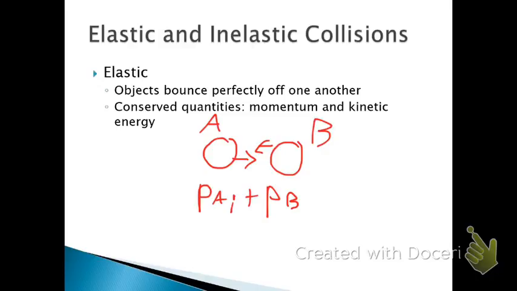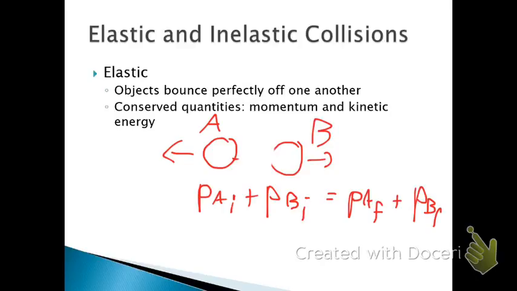And I'll put a little i here to indicate initial, before the collision. After they collide, A and B will probably bounce off in different directions. And I can find the momentum of each one individually, so p_A final plus p_B final. And the sum of their momentum before and after the collision will be the same.